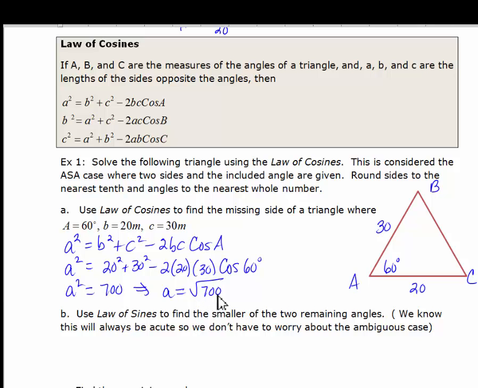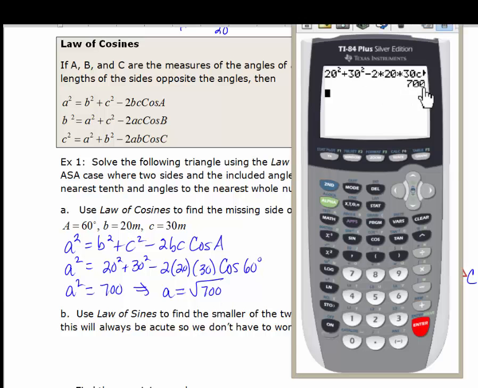So you could type the square root of 700 in your calculator right now, or there's a shortcut here, and I'll show you. Since we've already got the 700 in our calculator, you could just hit the caret key and raise this to the 1/2, or when you raise something to the 1/2 power, that's like the same thing as taking the square root. And so it'll automatically take your last answer.